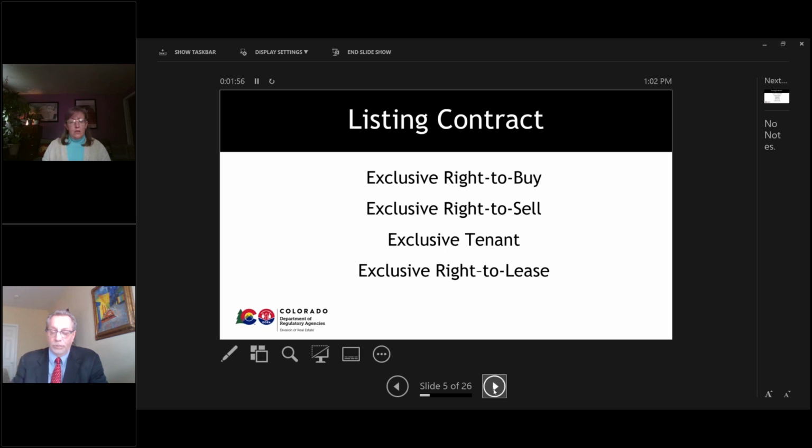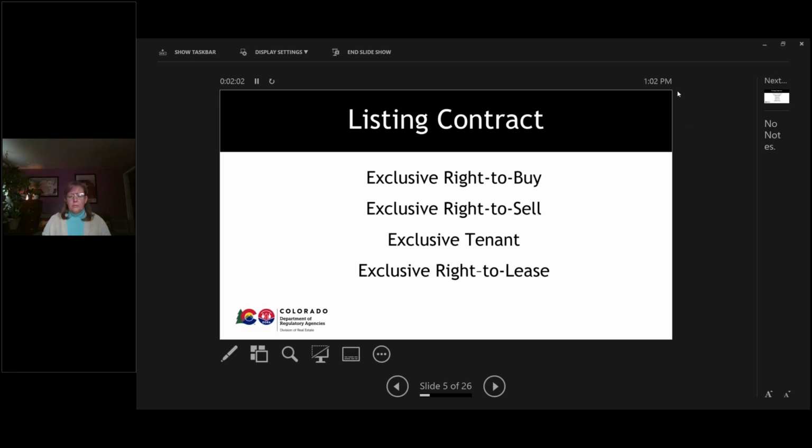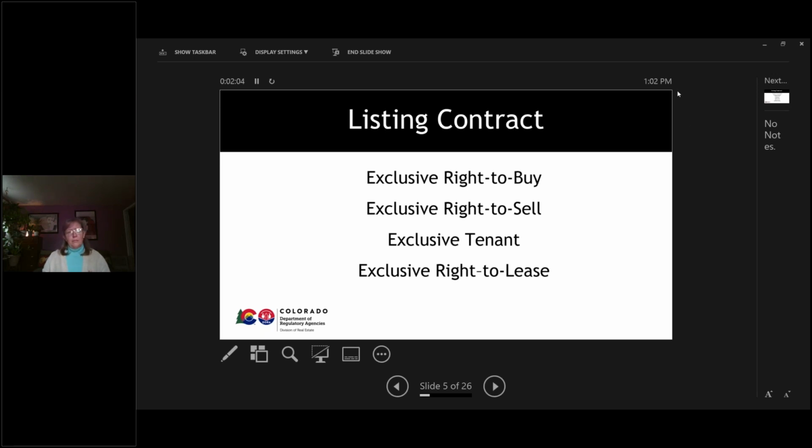They are available on our website if you want to pull one off and use it. But it's kind of like, from the non-educated consumer perspective, this may not be the best document for you to use if you're going to do your own transaction. You might be better off finding a contract elsewhere.